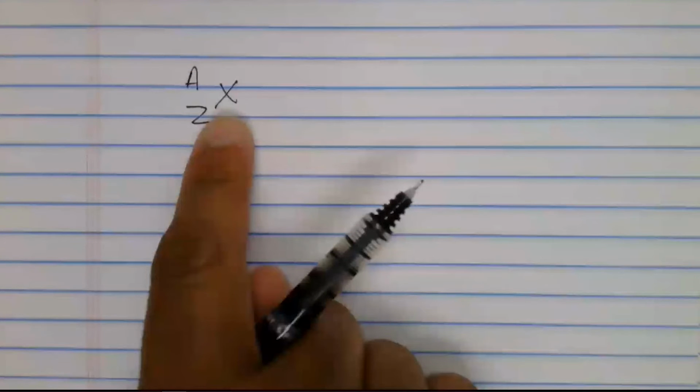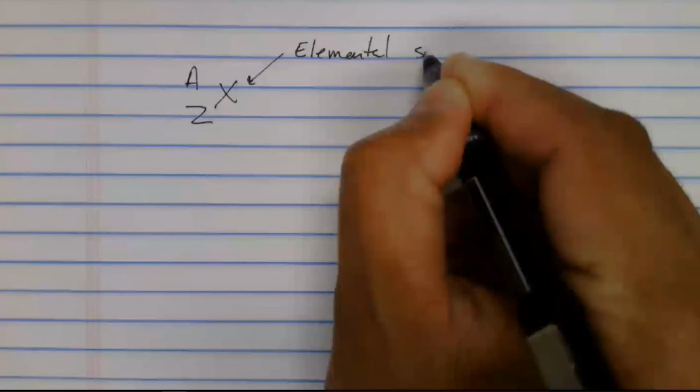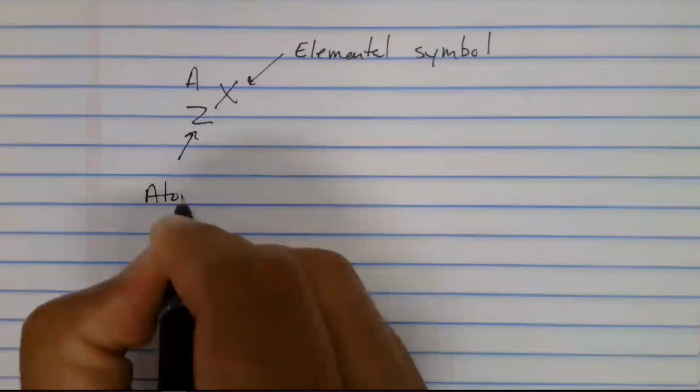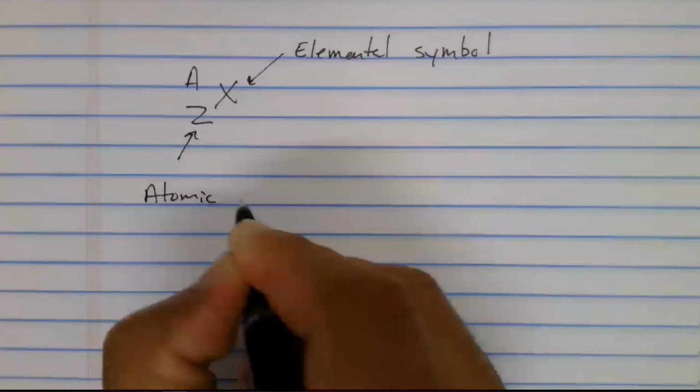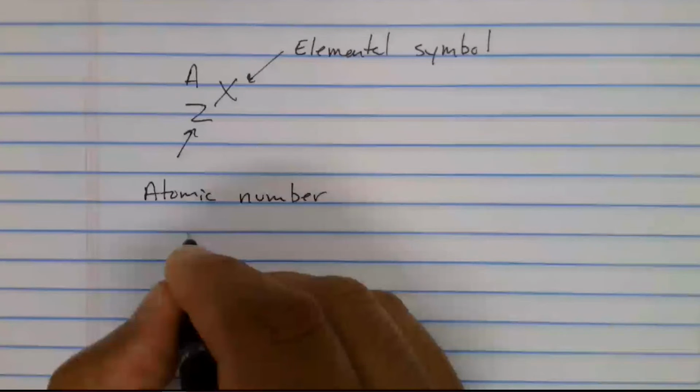Okay, so the way we're going to represent isotopes is by writing the elemental symbol. And in the subscript, this is going to be the atomic number, protons in the nucleus.